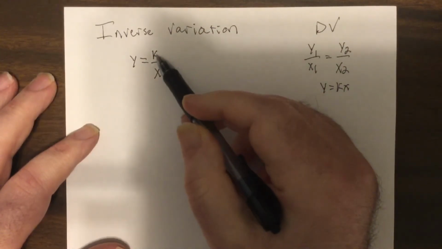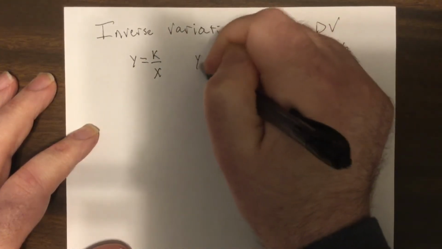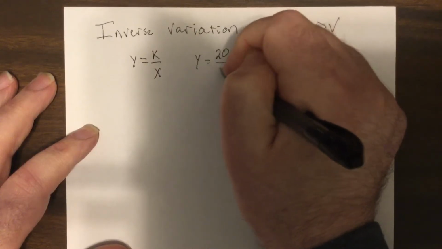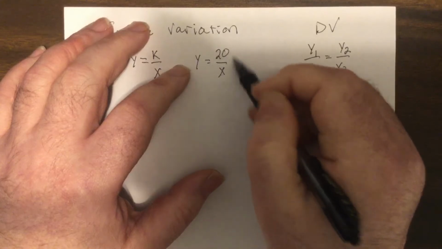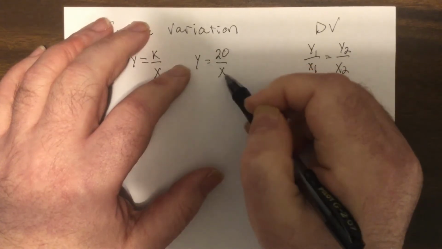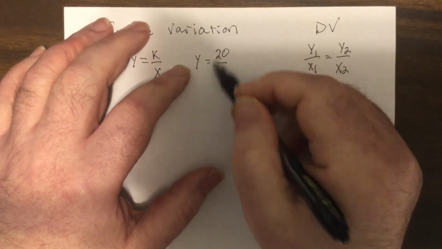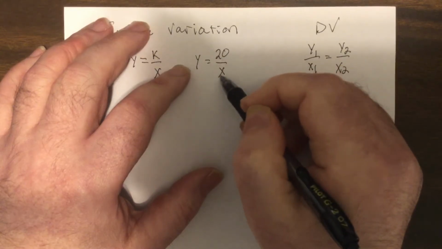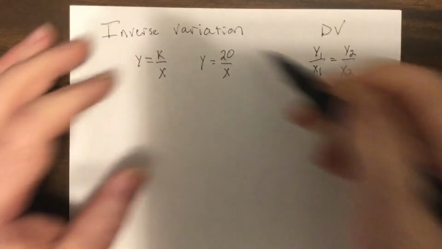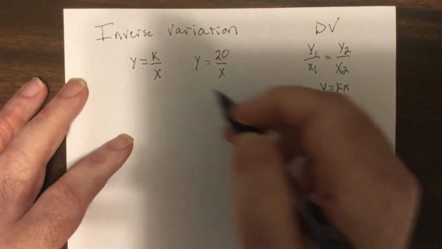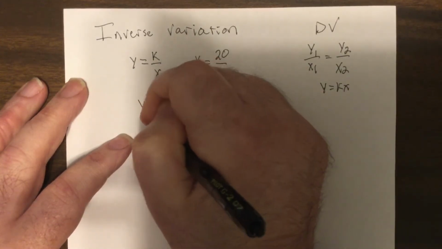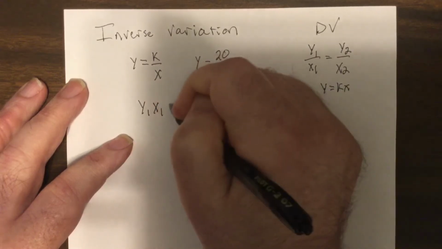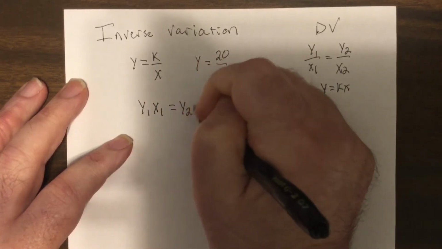So if k was, let's say, 20, notice as x gets bigger, y gets smaller. So if x is 2, y is 10. X is 4, y is 5. Now, if I get k by itself, or multiply by x, the formula is y1 x1 equals y2 x2.